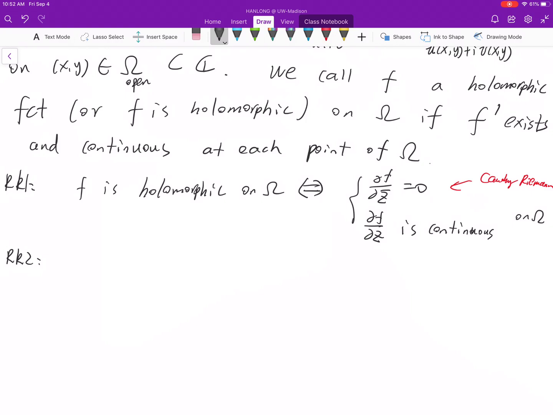About the regularity of the holomorphic function in the definition.